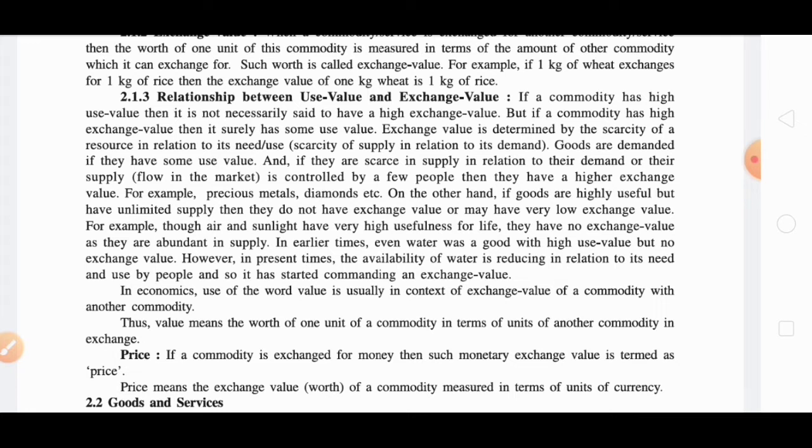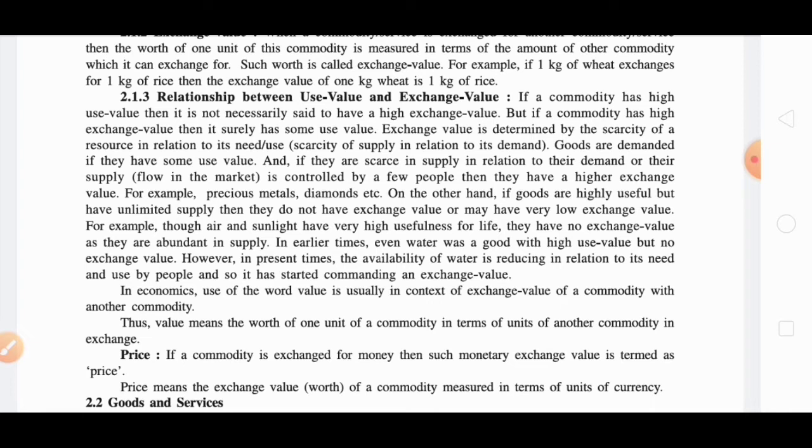In earlier times, even water was a good with high use value but no exchange value, because we didn't have bottled water. There were sources of water available everywhere, in rivers, wells, ponds, etc. But today, due to its limited availability, and because people are now more prone to mineral waters, water also has exchange value.